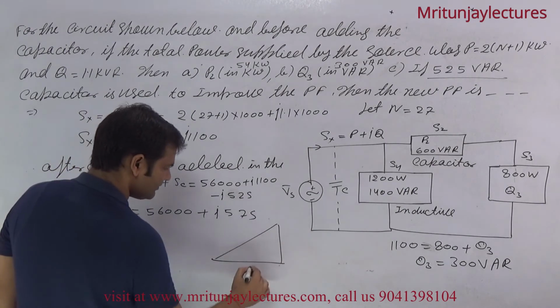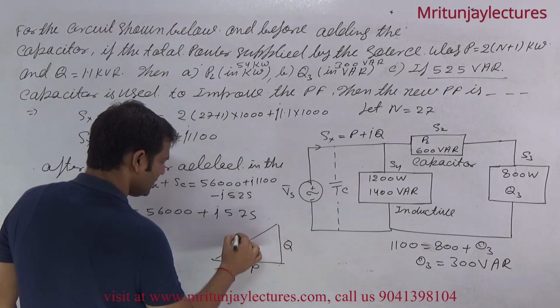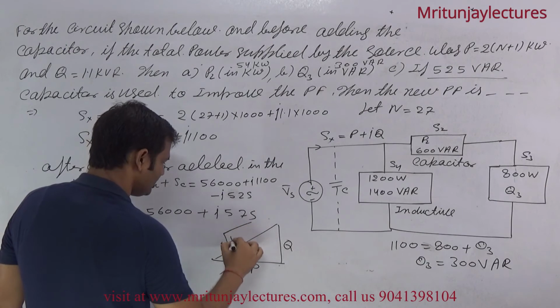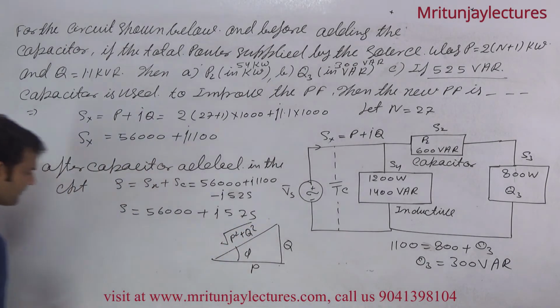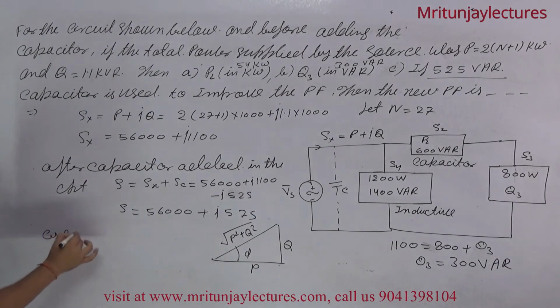If this one is P, Q, and the magnitude is under root of P squared plus Q squared, with angle phi, our motto is to determine cos phi.